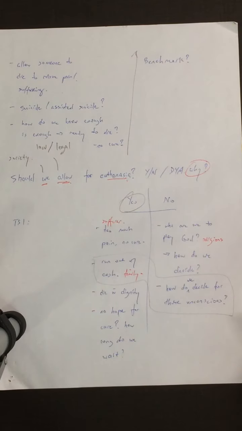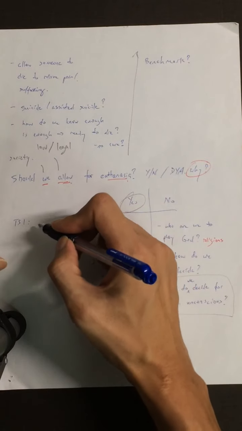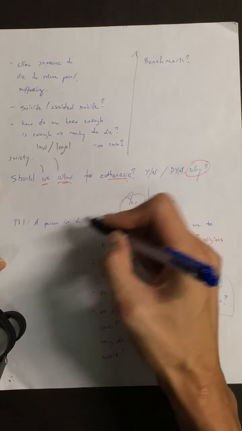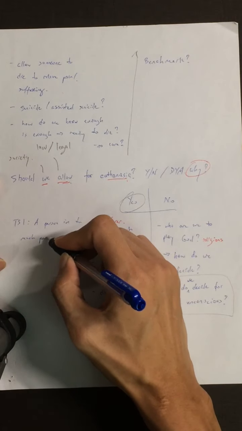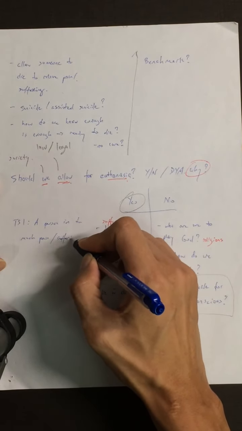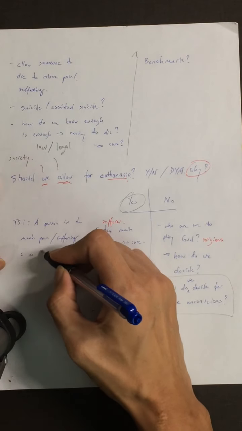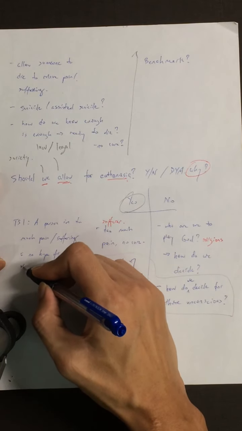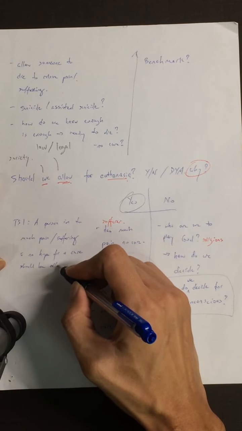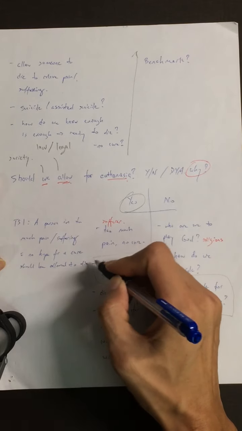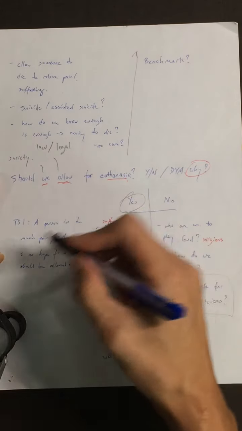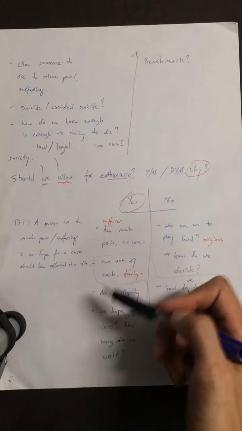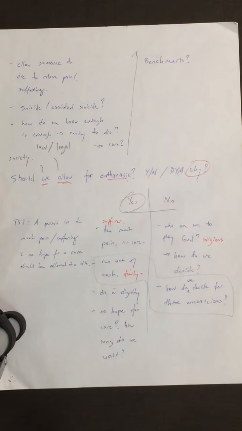Alright, so maybe my first TS would be that a person in too much pain or suffering with no hope for a cure should be allowed to die. Okay, so this is the argument for euthanasia.